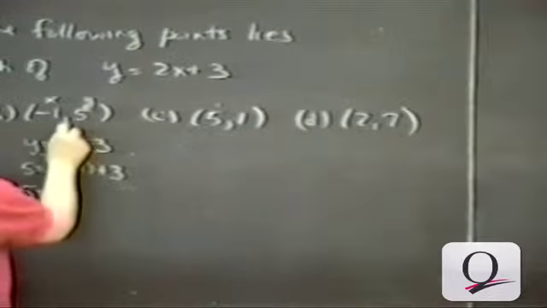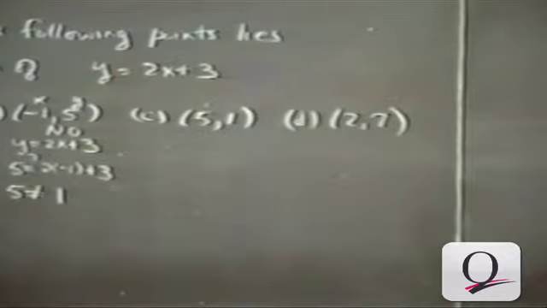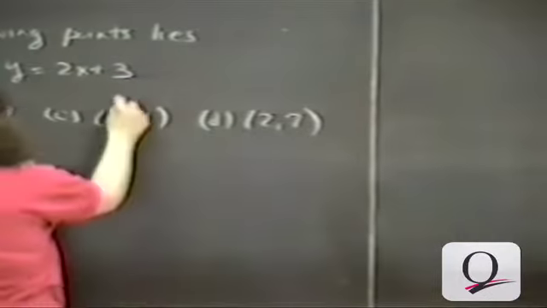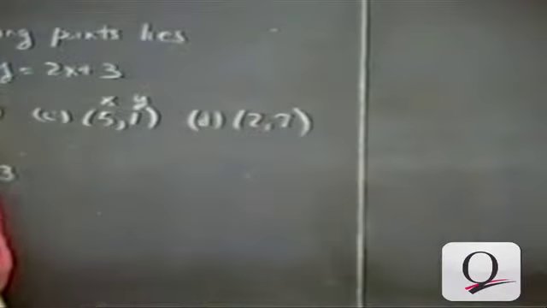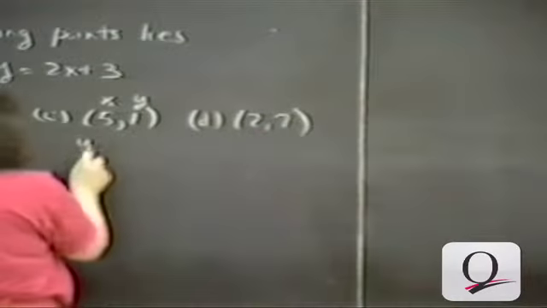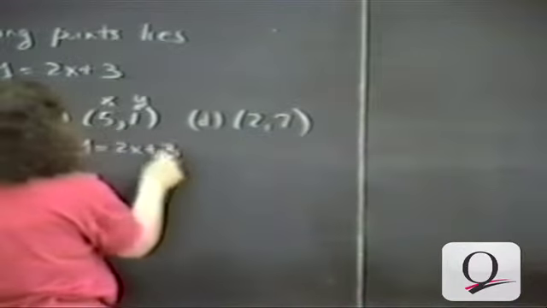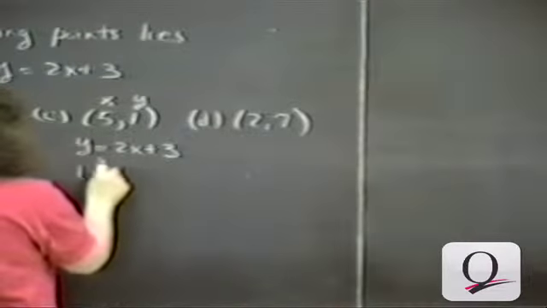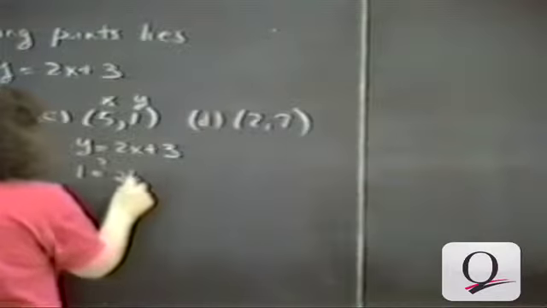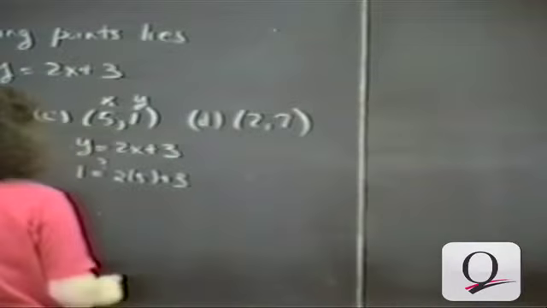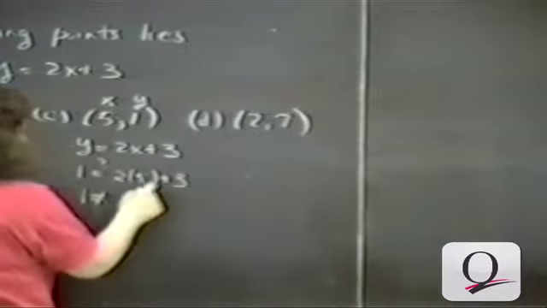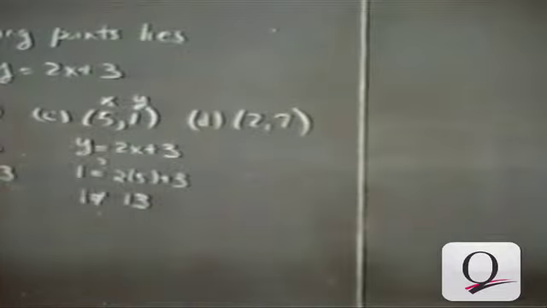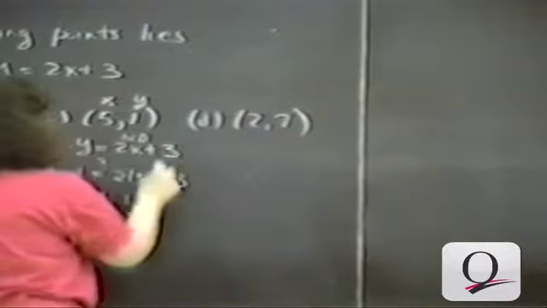So once again, no good. And then we try the third choice. x is 5, y is 1. We're substituting into y equals 2x plus 3. y is 1. Is 1 equal to 2 times 5 plus 3? And of course, 1 is not equal to 13. So once again, the answer is no.